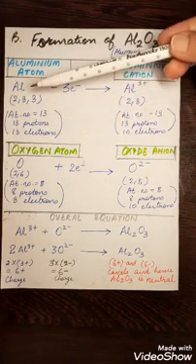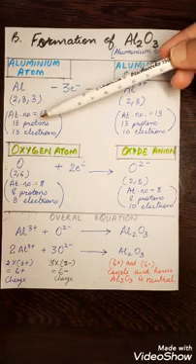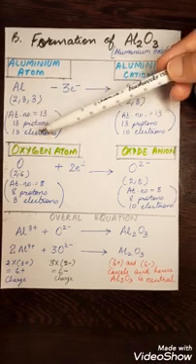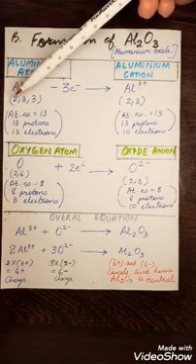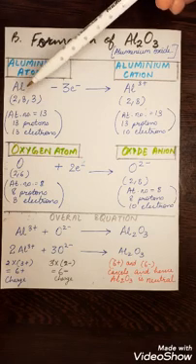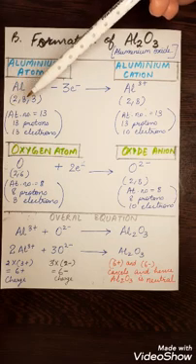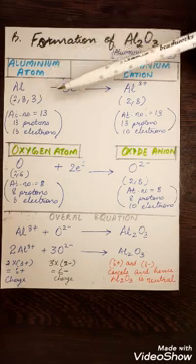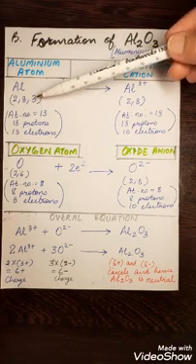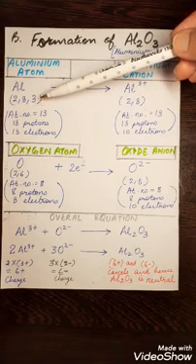Hence aluminium is neutral without any charge. Its electronic configuration: these 13 electrons will be distributed in 3 shells, 2, 8, 3. K shell will have 2 electrons, L will have 8 electrons, and M will have 3 electrons. So in the last shell, the valence shell, we have 3 valence electrons.